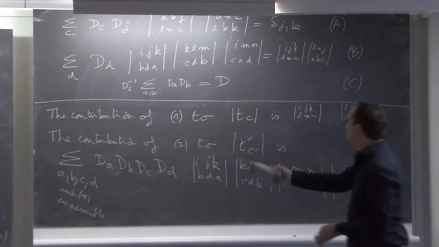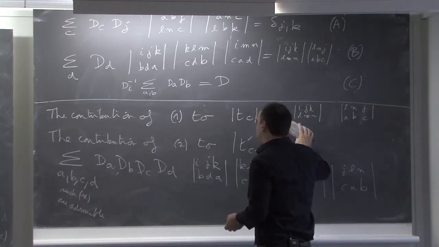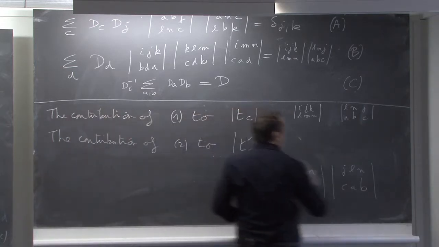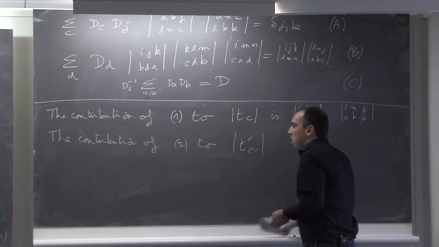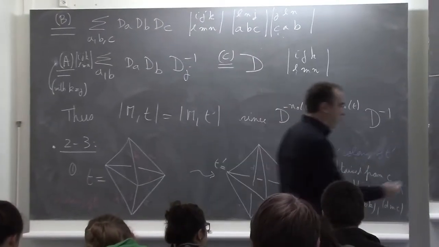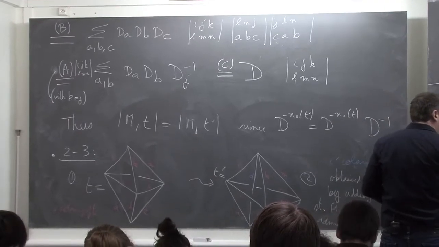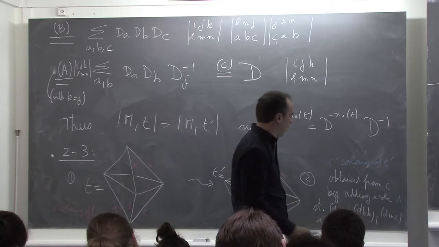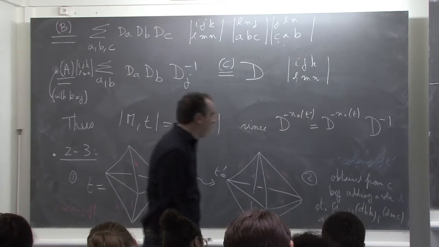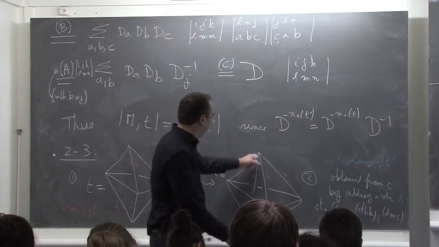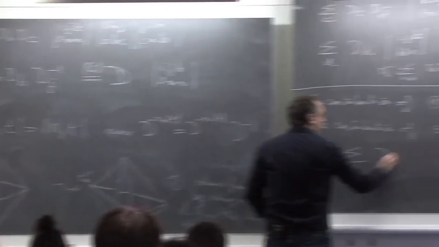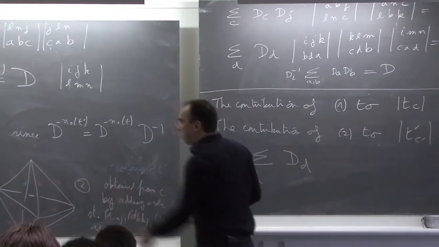And now the contribution to T prime, C prime is the sum from D such that this triple is admissible. So we have one edge more. So d_D, and now we look.